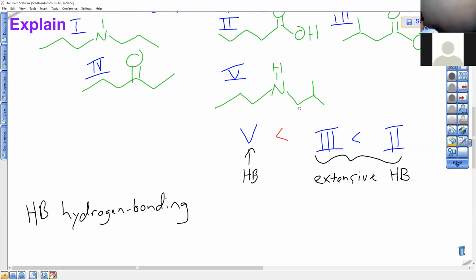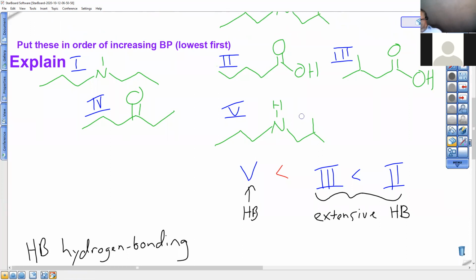Okay. What else we got? We have this thing which is non-polar. I know a carbon-nitrogen bond is slightly polar, but there's 3 of them. They almost cancel each other. So I'm just going to say non-polar, London only.